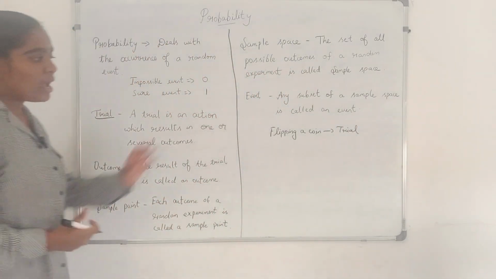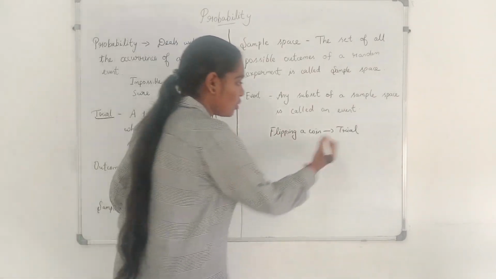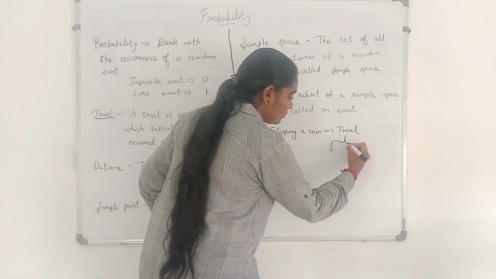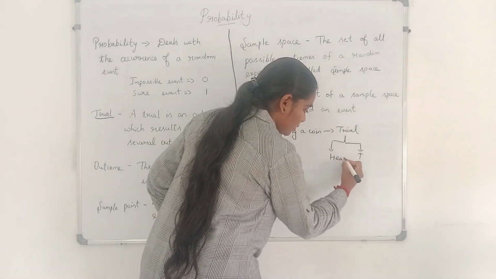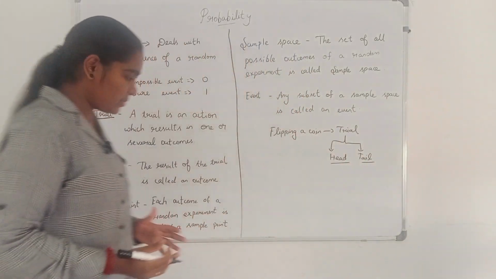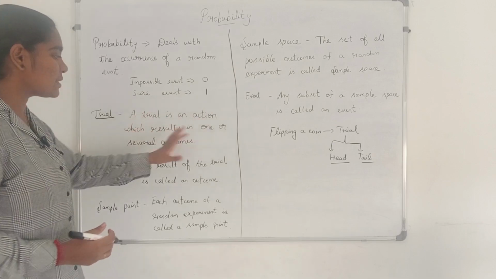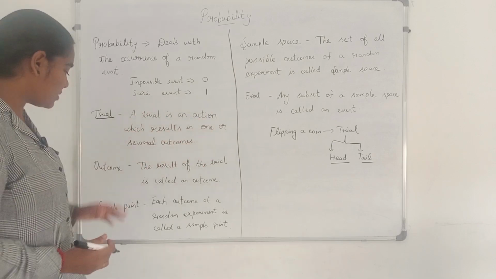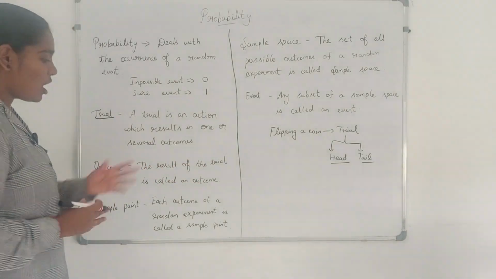Next, outcome. By flipping a coin, I will get some outcome. So either I will get head or tail. These are the outcomes. A trial is an action which results in one or several outcomes, whereas the result of the trial is called an outcome.